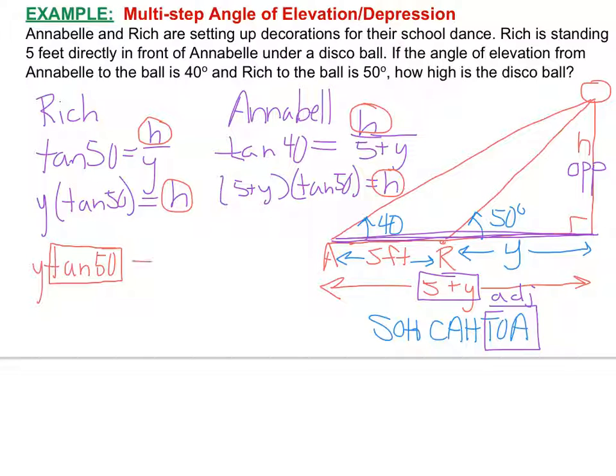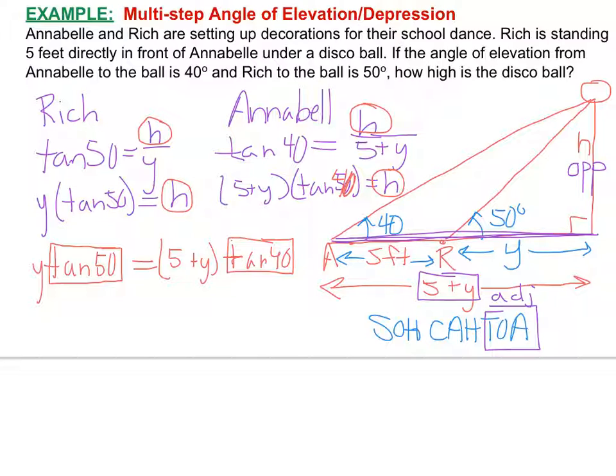And then on the other side, we have 5 plus y times tangent of 40, because that is Annabelle's.